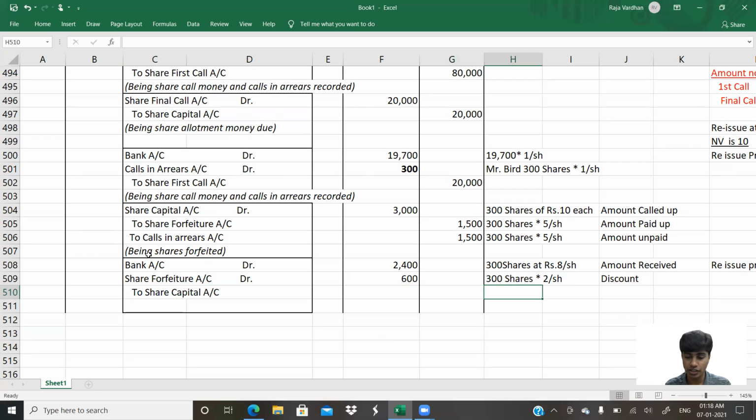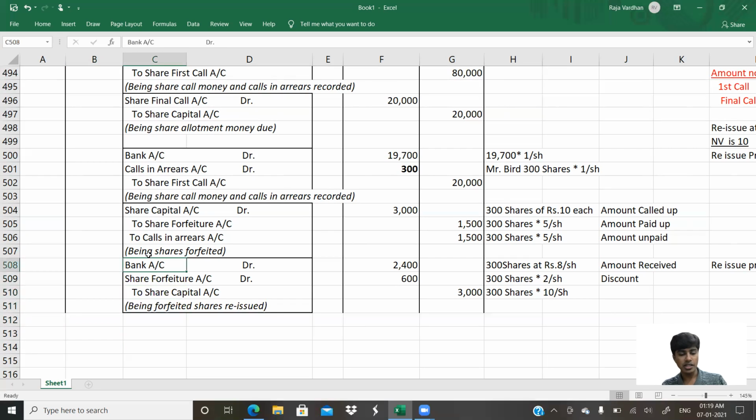That will be how much? 300 shares of rupees 10 each. 10 per share. How much is that? That is 3000. You get that? So being 300 shares reissued. Being forfeited shares reissued. Perfect.